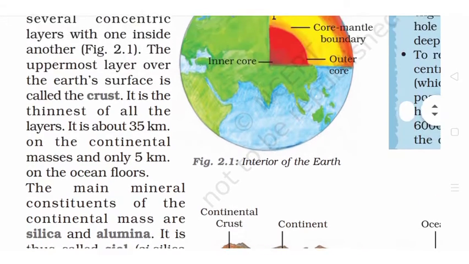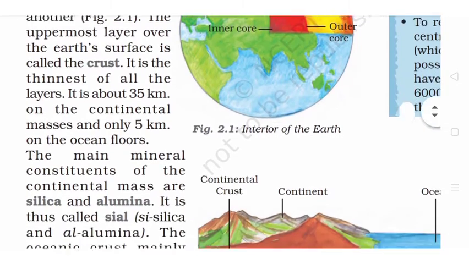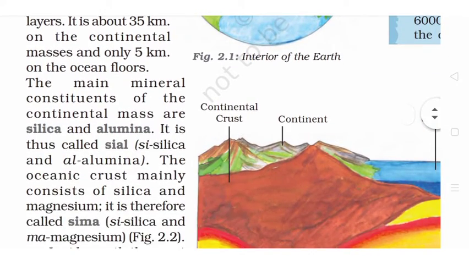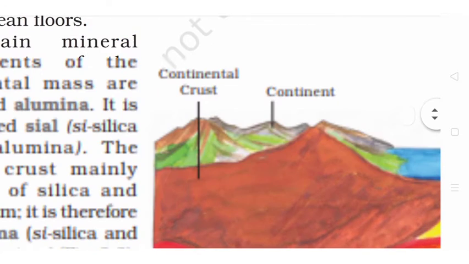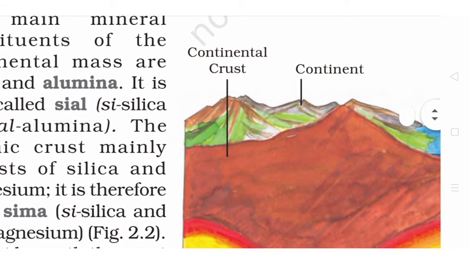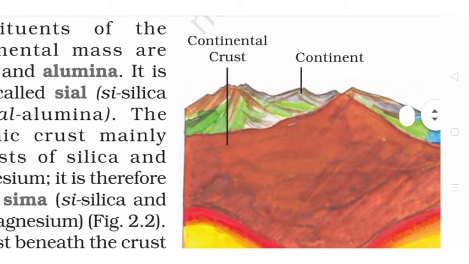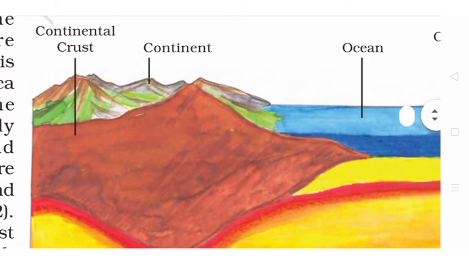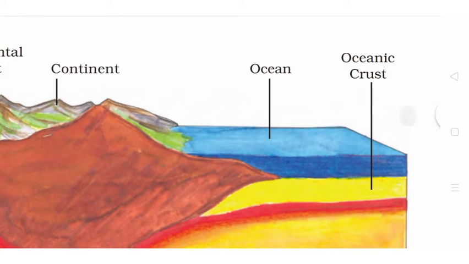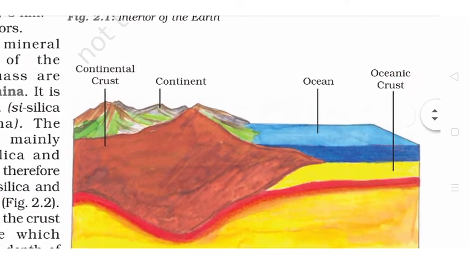When we talk about the land part, we can see in this diagram, this is the continent. The continental crust is 35 kilometers thick, and if we talk about the ocean, the oceanic crust is only 5 kilometers thick.